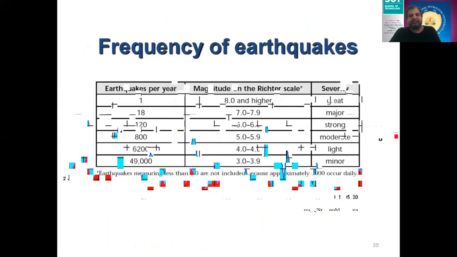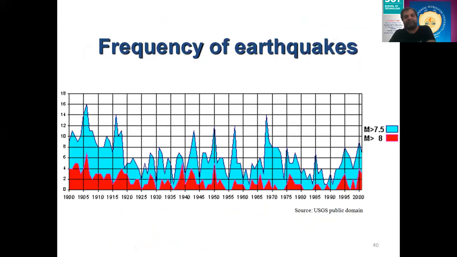In the same way, the frequency has been given for various magnitude scales with the number of years. In 1900, for magnitude more than 7.5 and magnitude more than 8, the difference is just 0.5. But if you see, in 1900 only 4 earthquakes of magnitude greater than 8 happened, while if you go 0.5 lower, the number is 10.